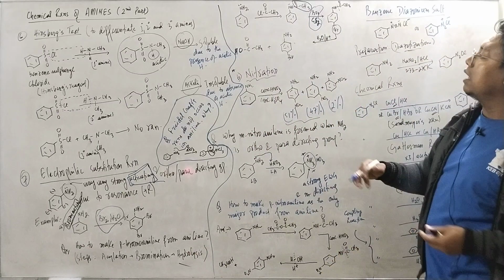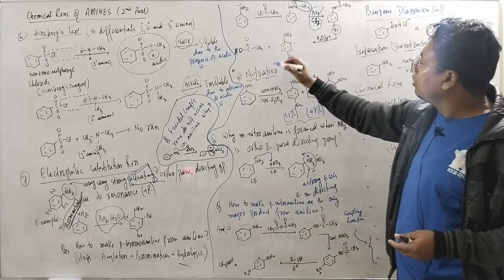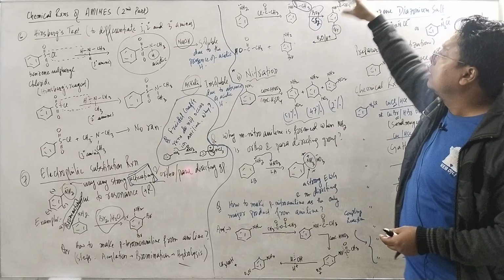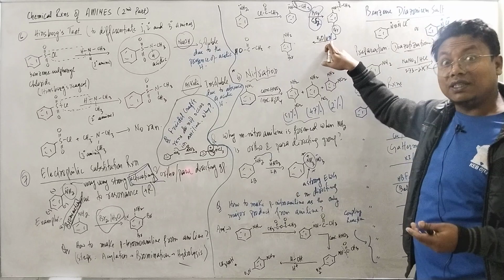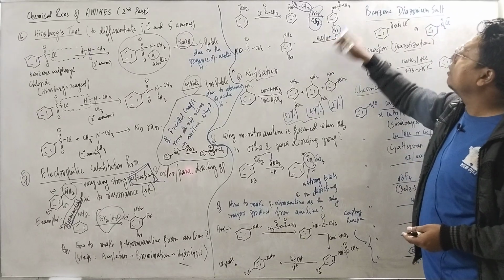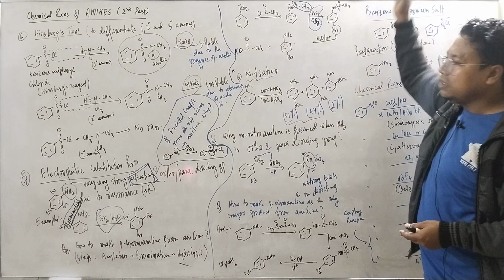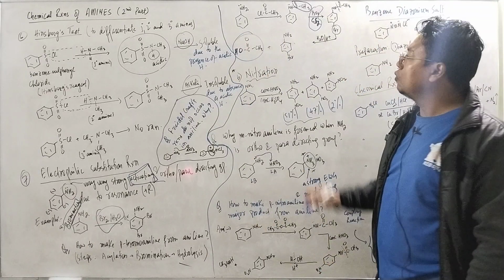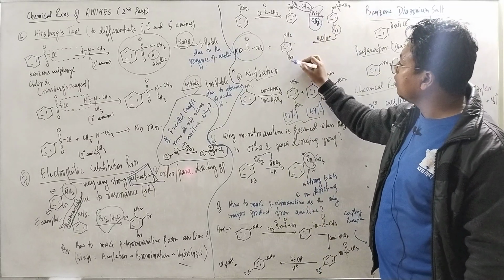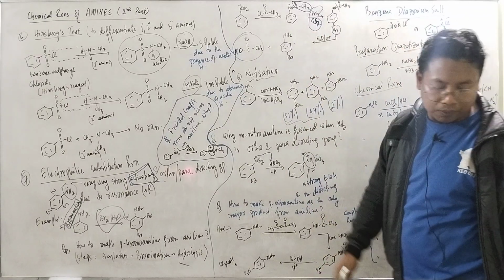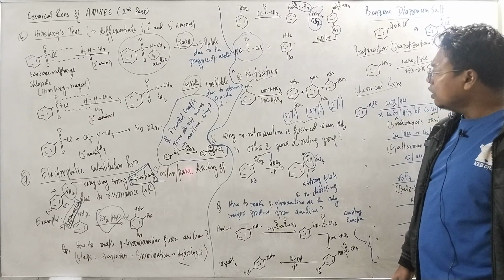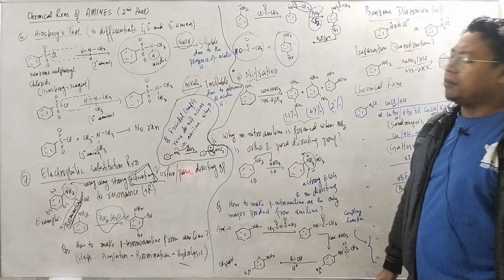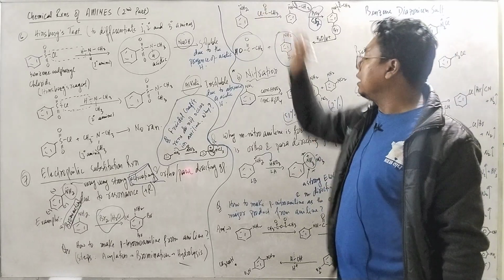Hydrolysis removes the acyl group, the COCH3 leaves in the form of acetic acid, and this is NH2 and Br is attached at the para position. This is how we can prepare para-bromoaniline from aniline.